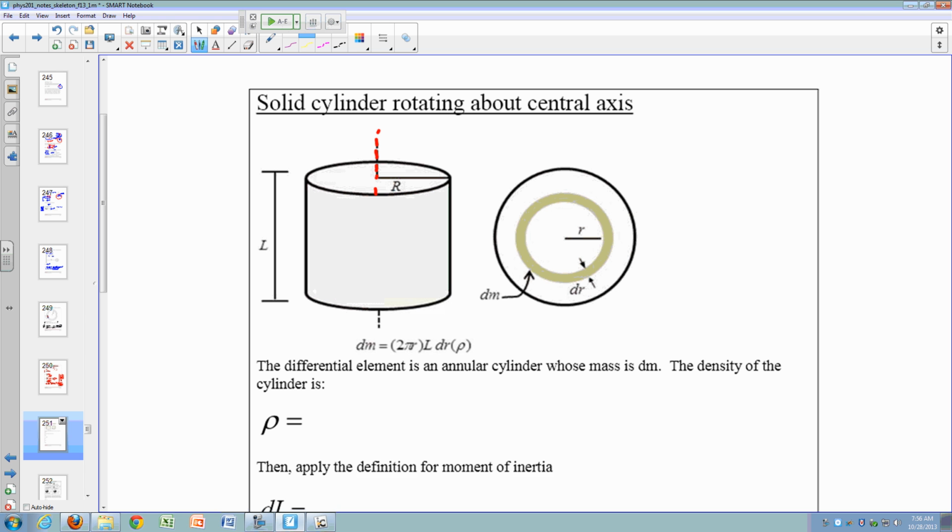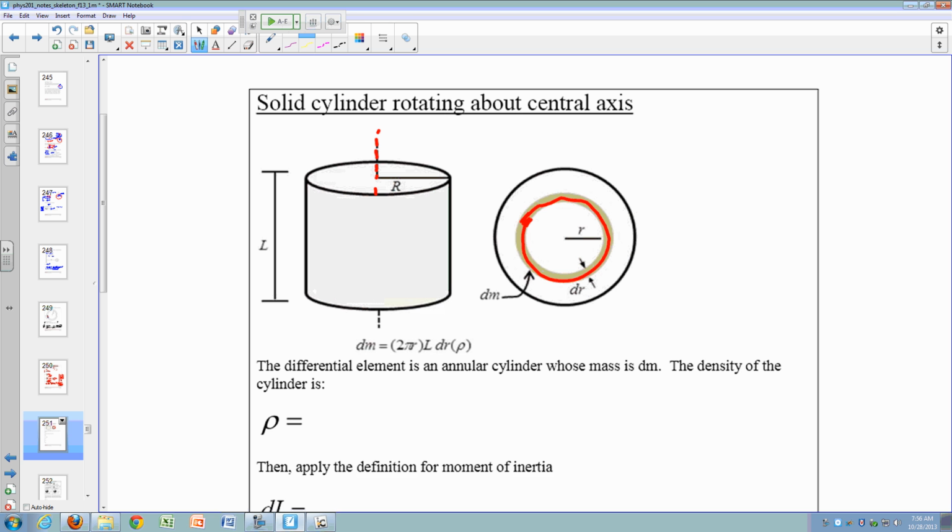So what we're going to do is break this solid cylinder into cylinders that wrap around like this. These are hollow cylinders that have a radius r, a width dr, and a mass dm. So we'll integrate a bunch of these little cylinders moving out.